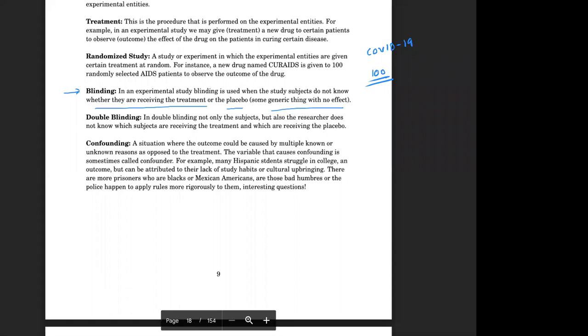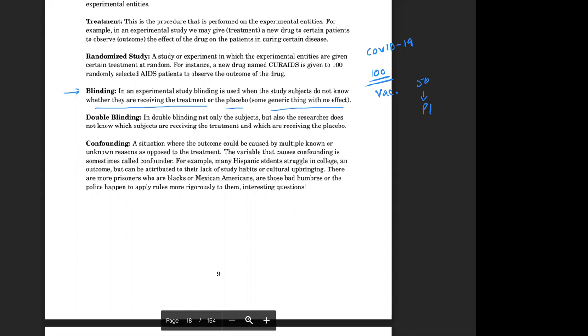If you receive a medication that's supposed to cure something or alleviate certain things, get rid of certain diseases, it has a psychological impact. What it means is that, let's say you gave 50 of these people the COVID-19 vaccine, and the other 50 received something called a placebo.